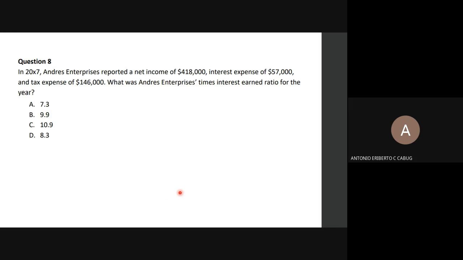Next, what about this one? Times interest earned. Everyone, what's your answer?